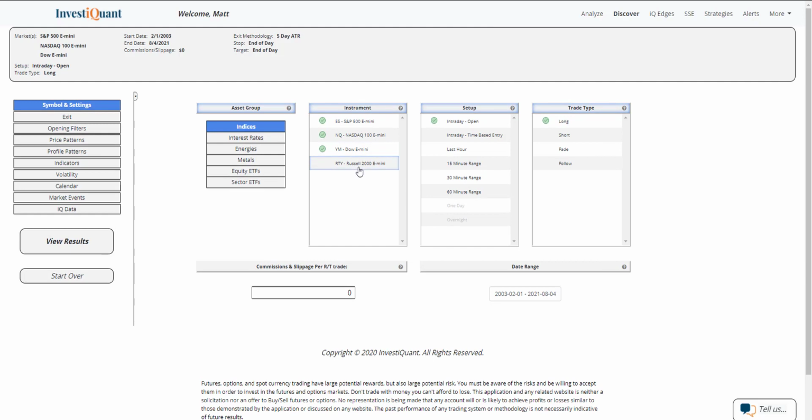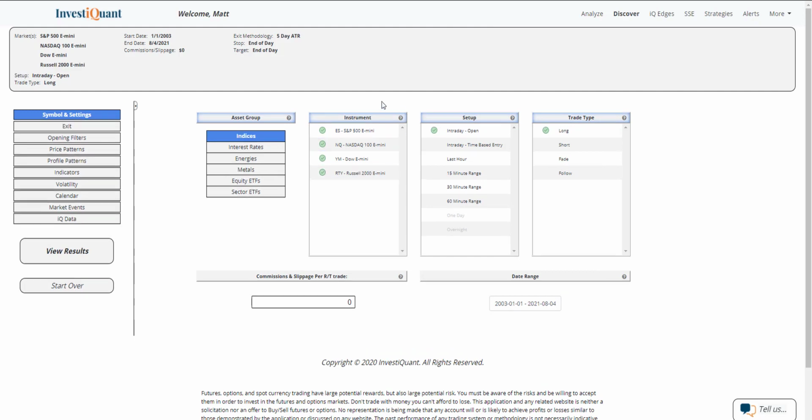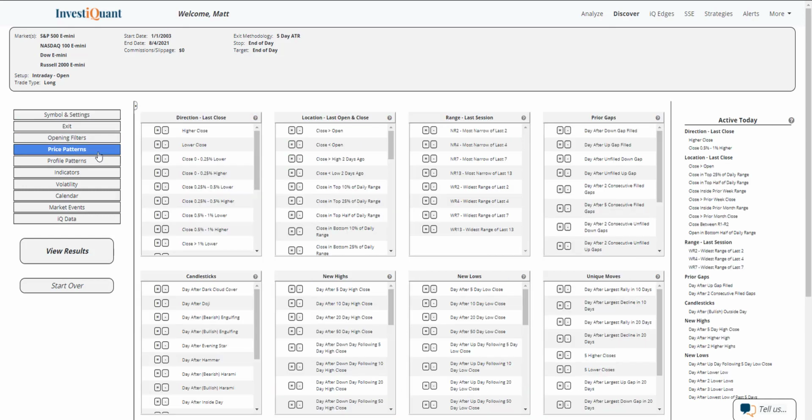This is something that we do have the ability to test within Discover, so this shouldn't be hard. I've got all four instruments selected here. Next, I'm going to go into the price patterns library, and I'm going to skip over the opening filters because I am trying to keep as many samples as possible, and this is just not something that happens very often. The way you would create back-to-back outside day patterns is using two simple filters based upon making higher highs and lower lows.